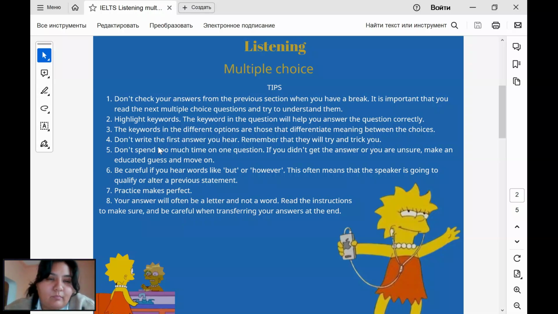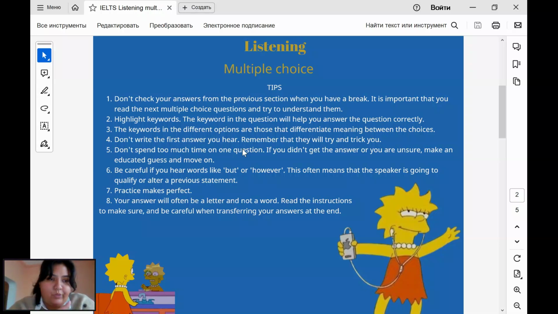Then, 4. Don't write the first answer you hear, because the tape wants to confuse you. They will usually say, oh no, I do that, but wait a second, I used to do that, and then I changed the third one, but now I'm doing A. It means that you have to follow the tape and not choose the first one, but you can use your notes.